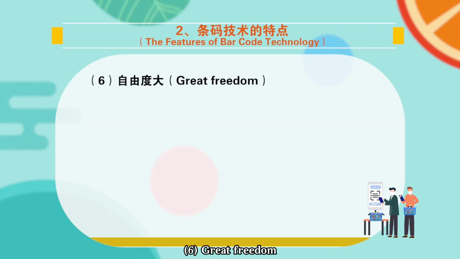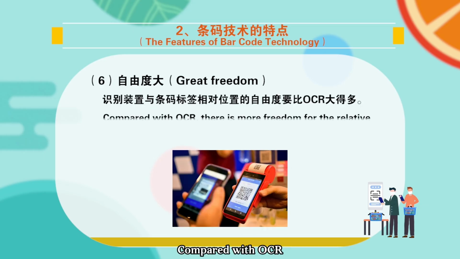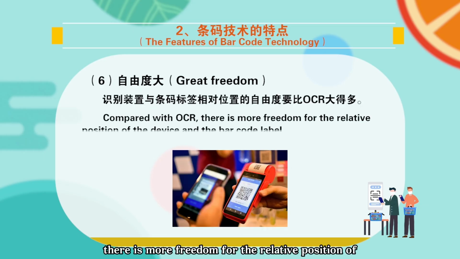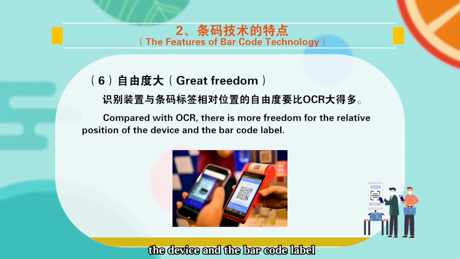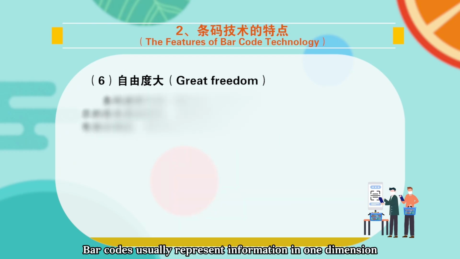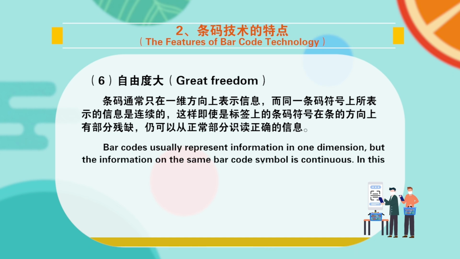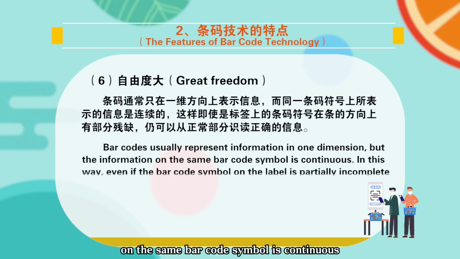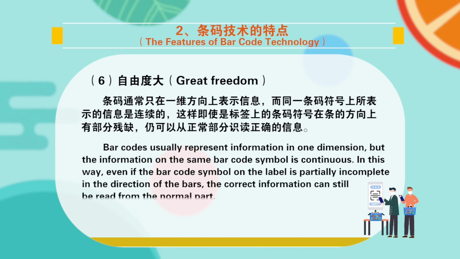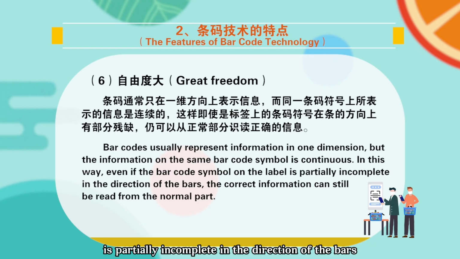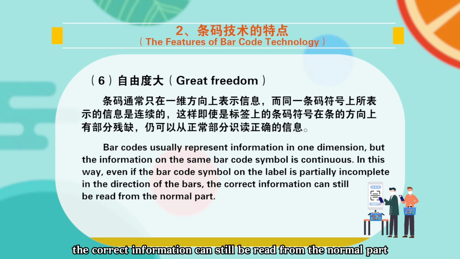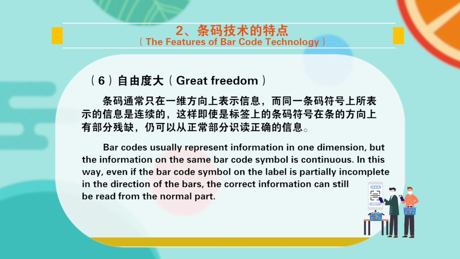6. Great freedom. Compared with OCR, there is more freedom for the relative position of the device and the barcode label. Barcodes usually represent information in one dimension, but the information on the same barcode symbol is continuous. In this way, even if the barcode symbol on the label is partially incomplete in the direction of the bars, the correct information can still be read from the normal part. 7.